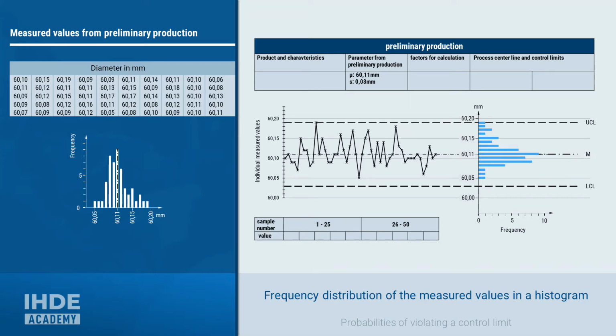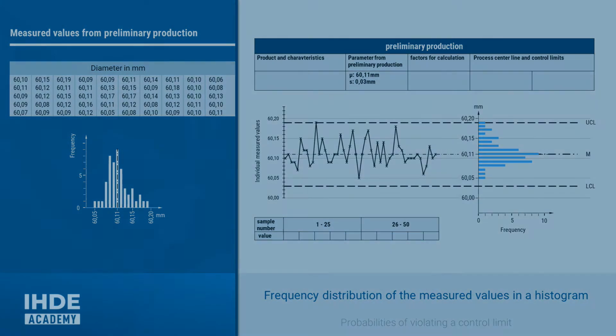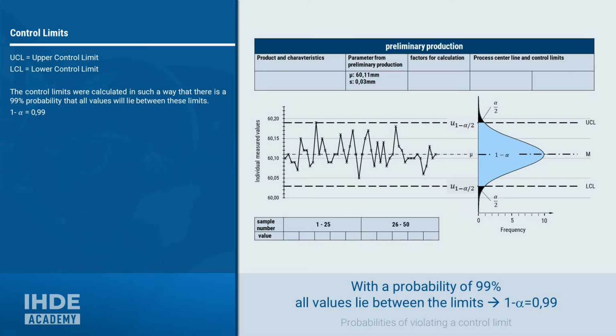To the right of this value curve, we see the histogram of the measured values again. However, aligned in such a way that it corresponds to the distribution of the values in the value curve. In the next image, we replace the histogram with a probability distribution. All 50 measured values were shown before in the histogram.